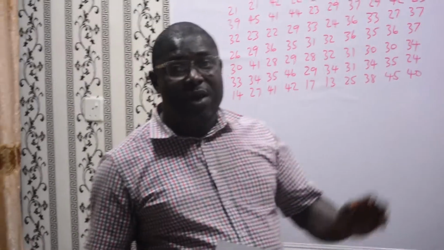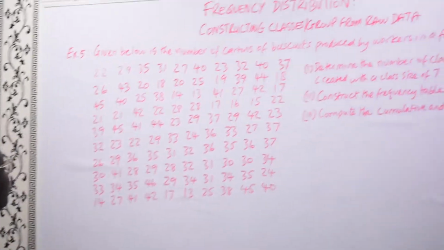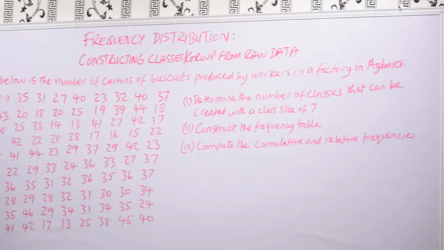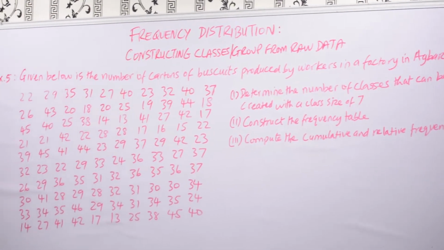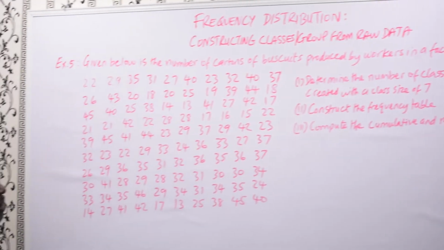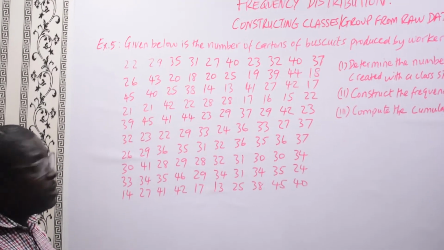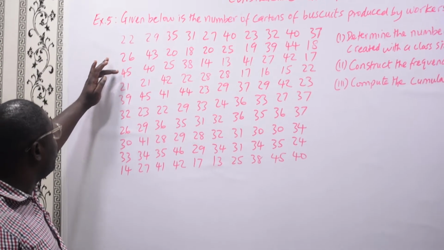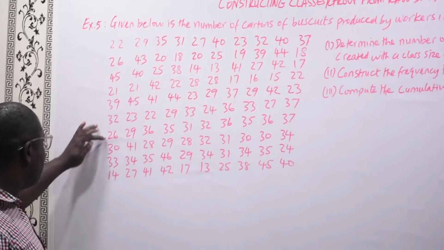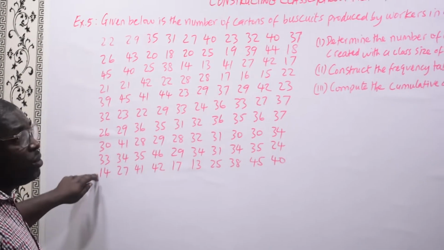Now we have here on the board a question and the data given to us. By the time we count this, they are up to 100. Now we have how many rows? 1, 2, 3, 4, 5, 6, 7, 8, 9, 10 rows.